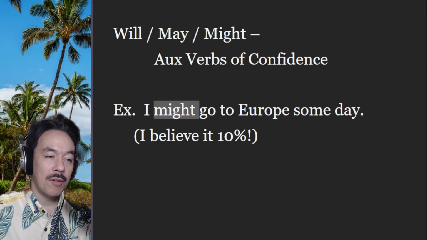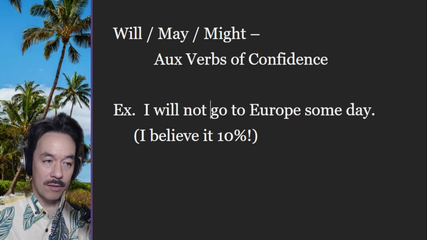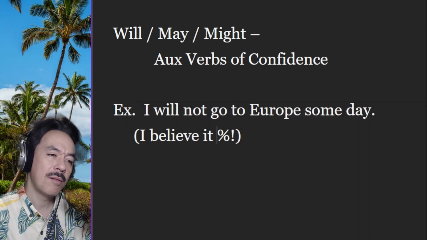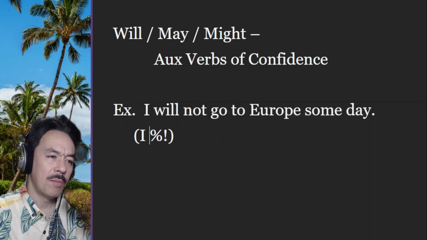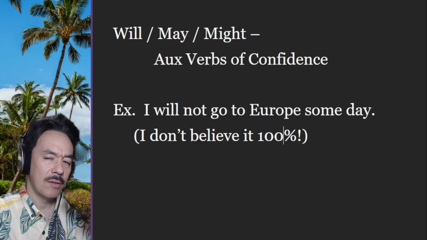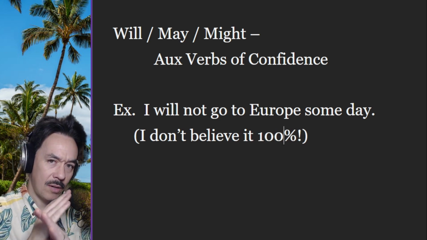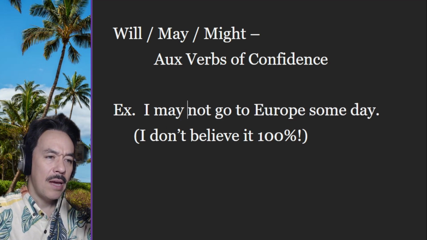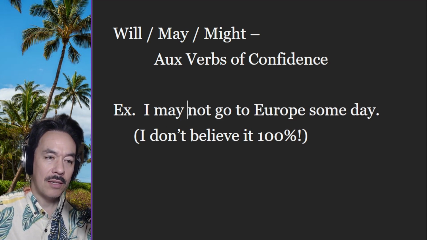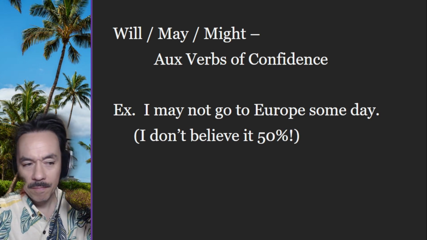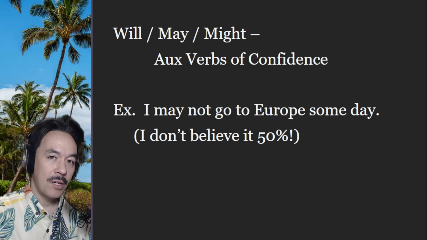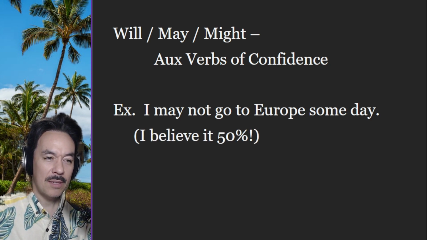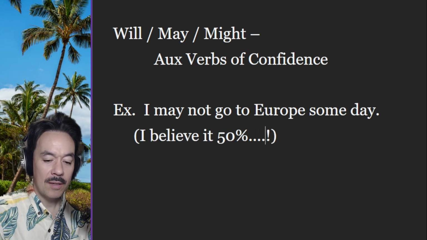Okay. And the other way is that I will not go. That means, how do I say it? I don't believe it 100%. Or, I 100% don't think so. Then you get into trouble with may not go because, well, I don't believe it 50%. What do you mean? This one I try to teach that it still means at least 50%.